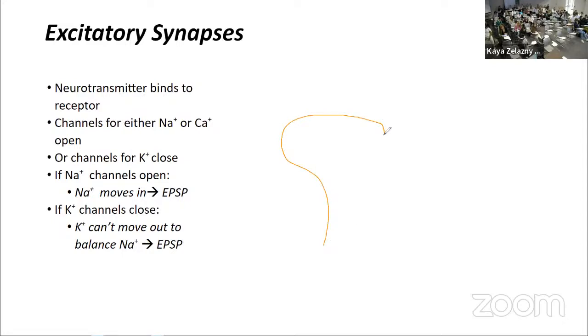But we're just talking about the postsynaptic neuron right here. Our easiest way to create excitation is going to be if we have a sodium channel and sodium moving in, or if we have a calcium channel, the two over there as well, and calcium moving in.